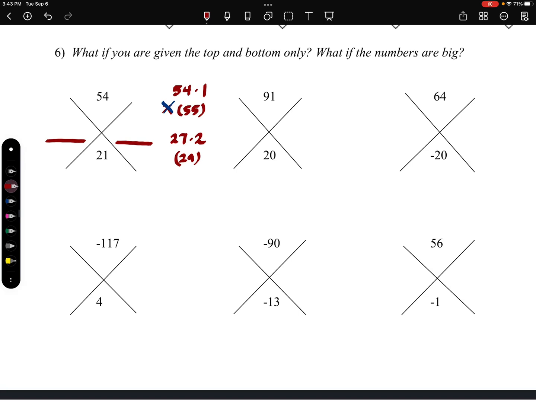So 3 goes into 54, let's see, 18 times, I believe it is. So this would be like saying 18 times 3. And when you add those together, you do get 21. So these are the numbers we're looking for. We're looking for +18 and +3.